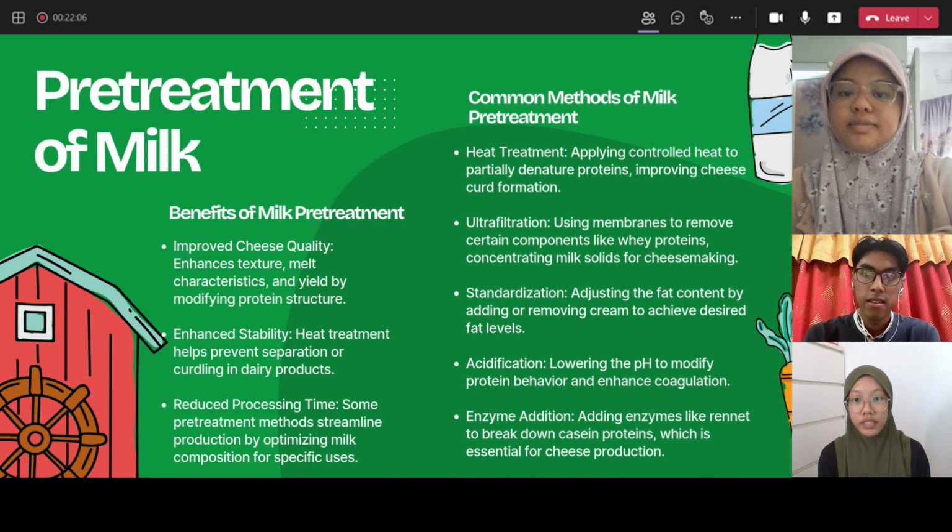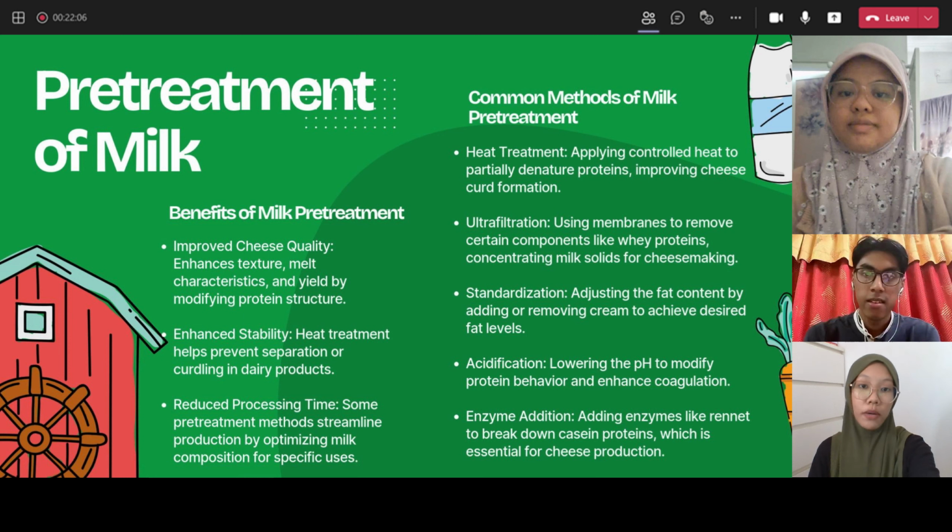The second one is enhanced stability. Heat treatment helps prevent separation or curdling in dairy products. And the last one is reduced processing time. Some pre-treatment methods streamline production by optimizing milk composition for specific uses.